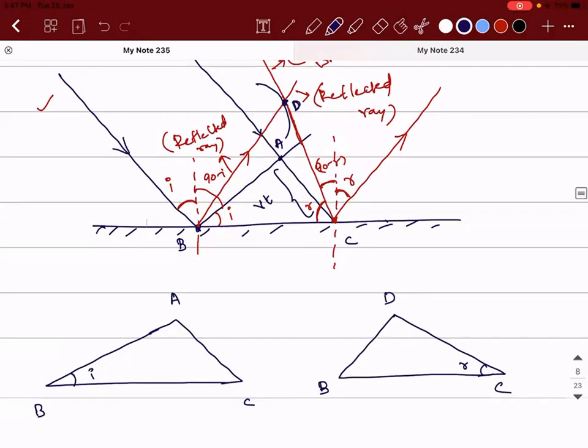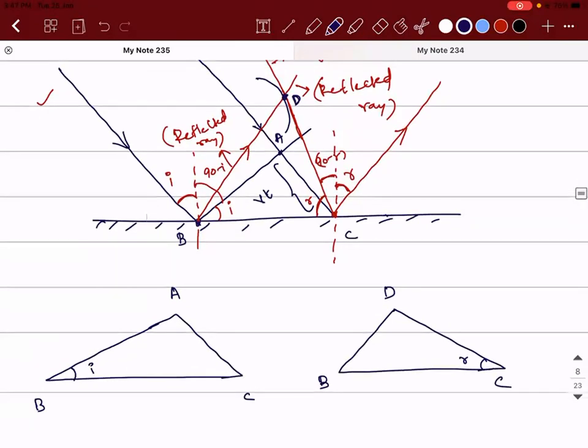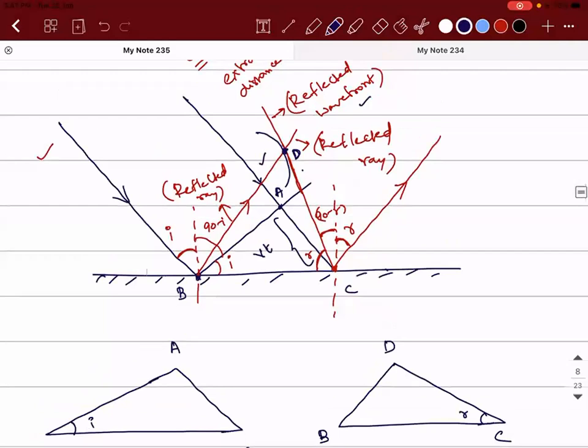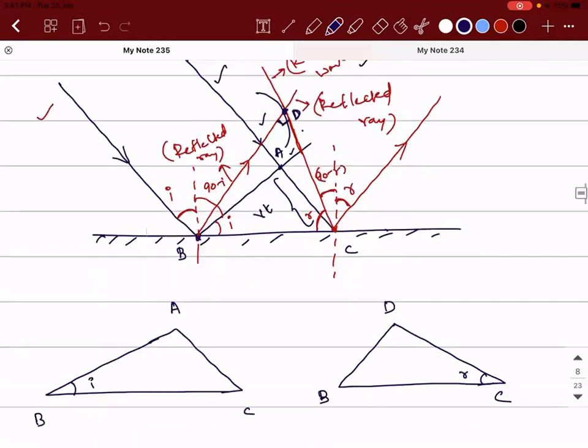When I say that these two angles are r, now observe, this is the reflected ray and this is the reflected wavefront, so they both are perpendicular. Similarly, this is the incident ray, this is the incident wavefront, they both are also perpendicular. So angle A is 90 degrees, angle D is 90 degrees.